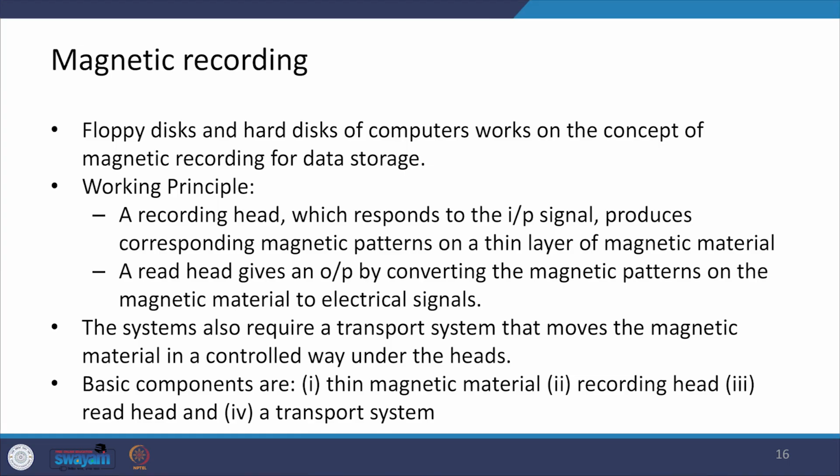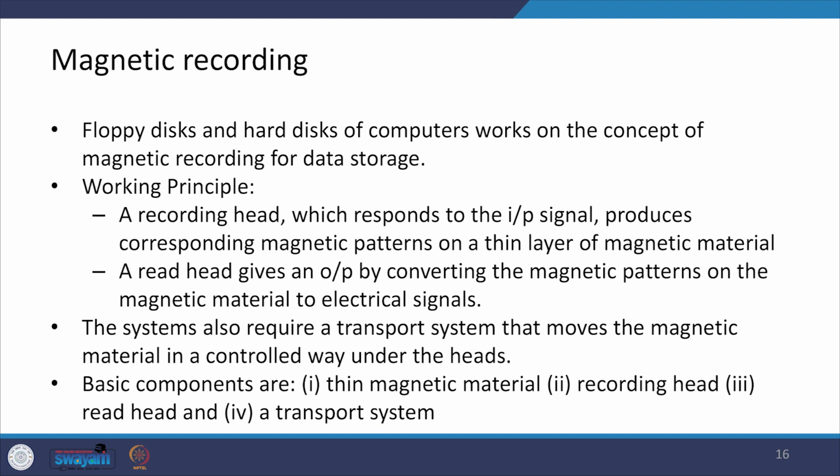Now, let us look at magnetic recording. This is again a type of recording device; a floppy disk and a hard disk of a computer work on the concept of magnetic recording for data storage. The working principle is like this.